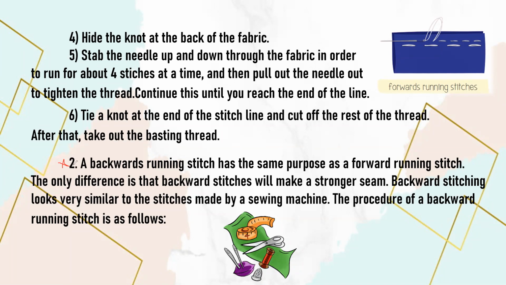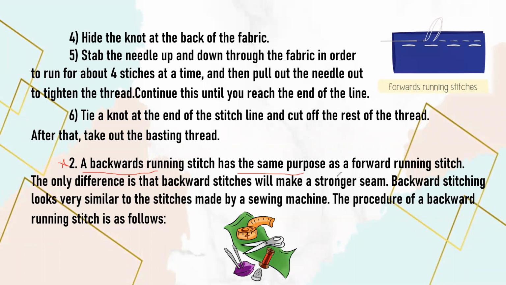Okay, so first of all, we have to know what it means by backward running stitch. A backward running stitch has the same purpose as a forward running stitch. The purpose of that is the same.